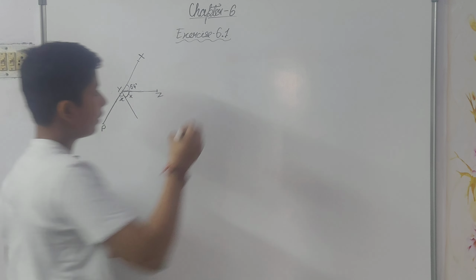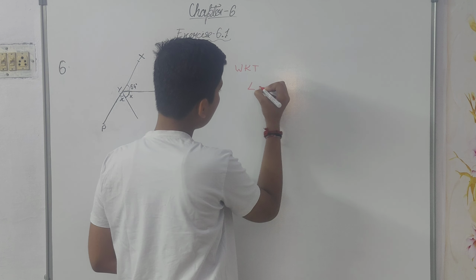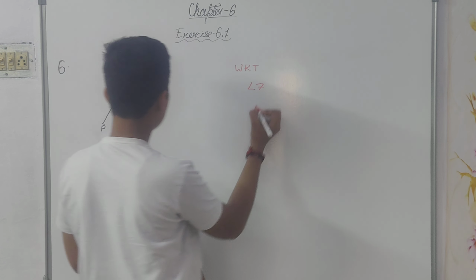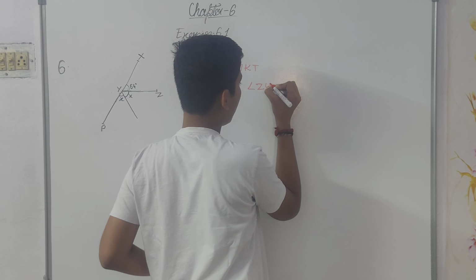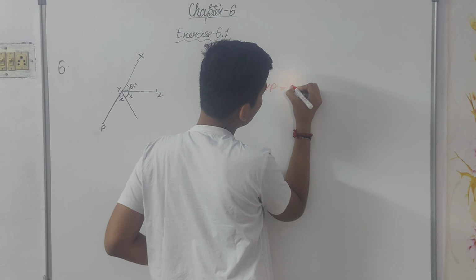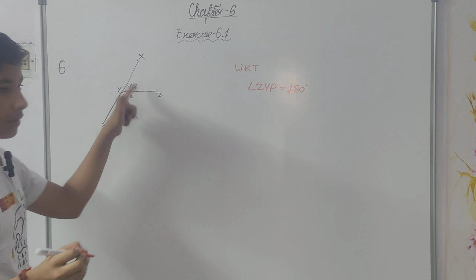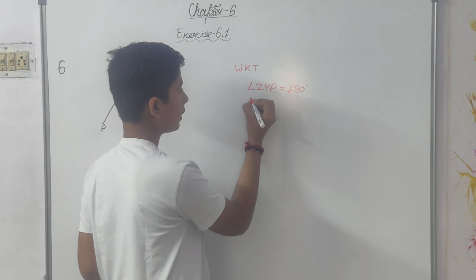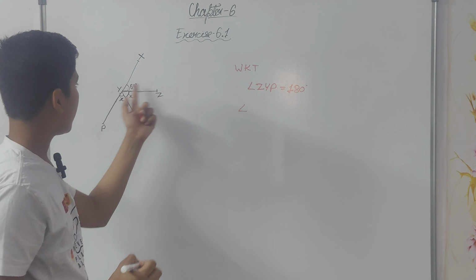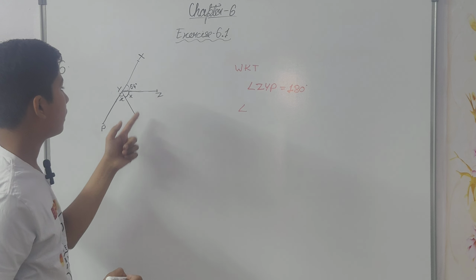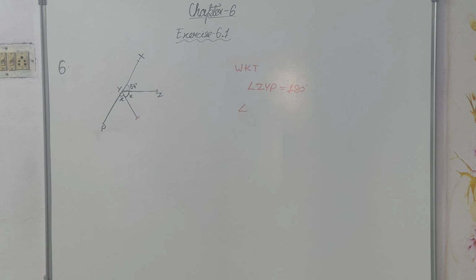So ZYP, we know that angle XYP equals 180 degrees. See, this one angle is 180 degrees. Now this point is unnamed.